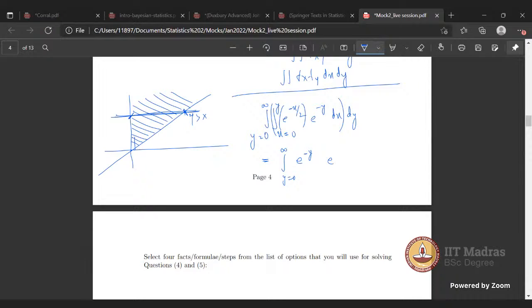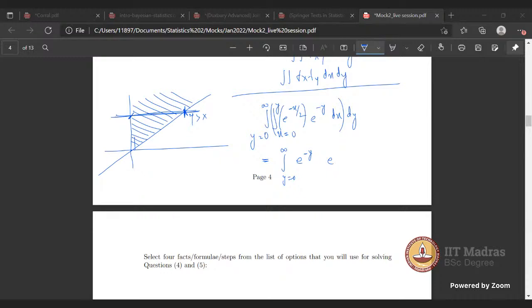First I'm integrating with respect to x, which is 0 to y. Sorry, 0 to y. Ma'am, but in the mock solution, it is given from 0 to infinity. Let me check the solution. Yeah, there it is.